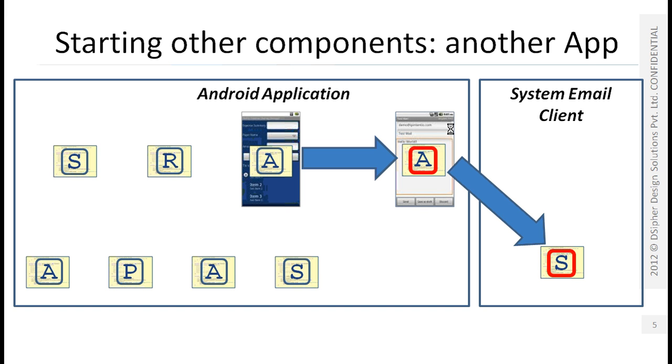The default email client will also use the services of your Android system, services in terms of network service, internet connection, right? To send that email to your friend, you must have an internet connection. That internet connection will be handled by the network service, and that service is one component of your Android system. So you must first check whether that service exists or not in order to send that email.